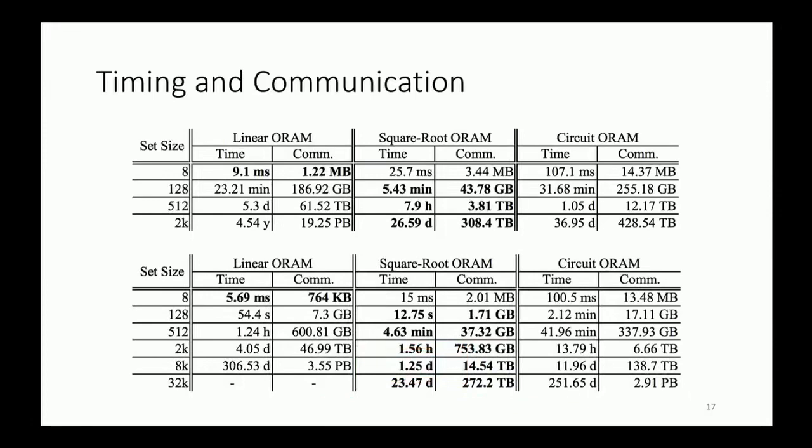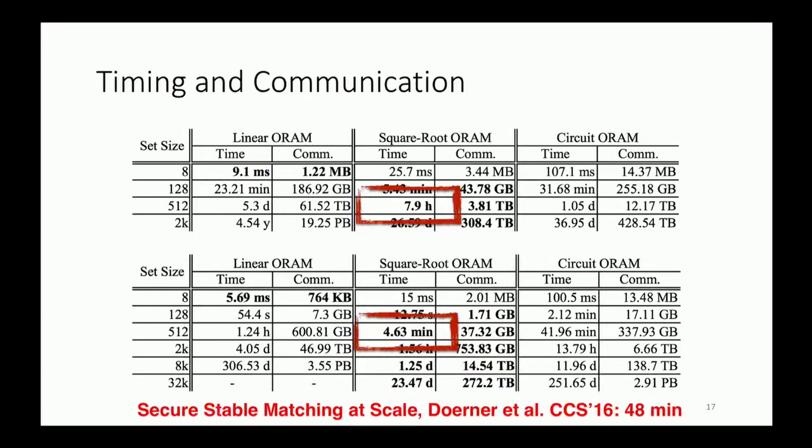Comparing to the original paper for square root ORAM, they have 33 hours execution time for a set size of 512, same scenario, where we have 8 hours of execution time without using ETT, and close to 5 minutes execution time when using ETT. Concurrent work that was published in CCS 2016 introduced oblivious linked list, and they report 48 minutes execution time for the same set size and scenario, which is less than our regular execution, but more than our execution with ETT.